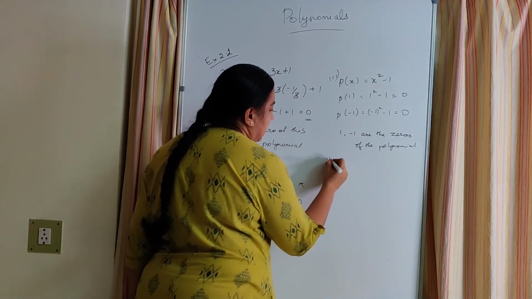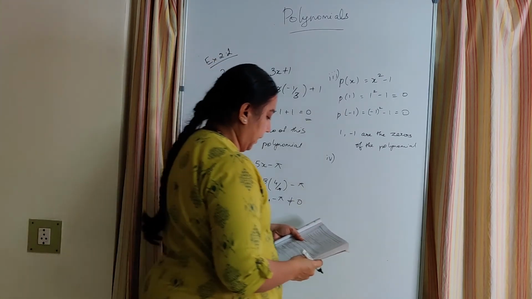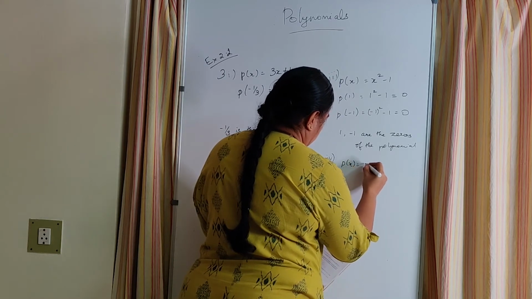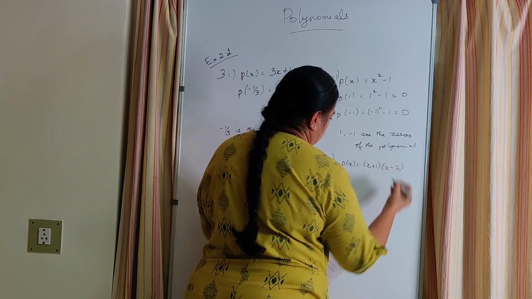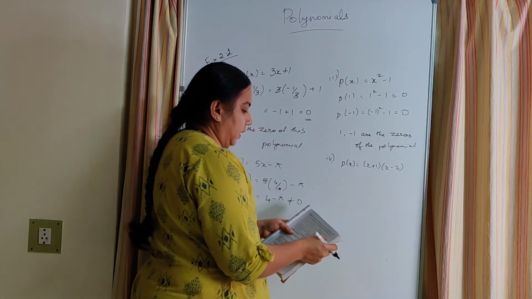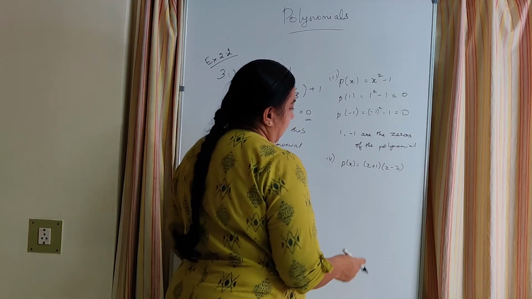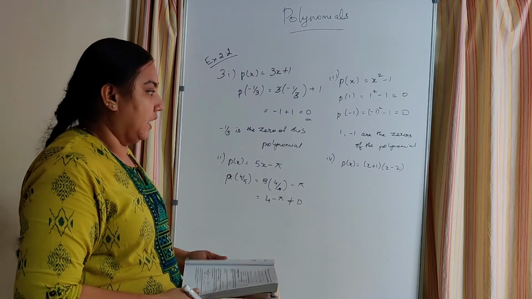Then the fourth sum. P of x is equal to x plus 1, x minus 2. And they are given two values of x, minus 1 and 2. Here again, it's a simple way to tell you.